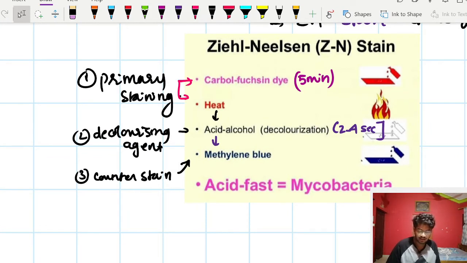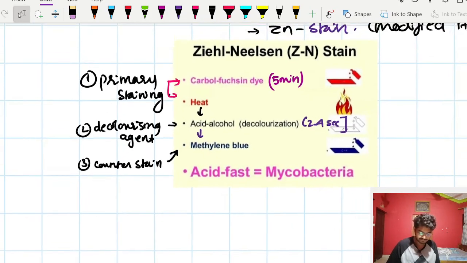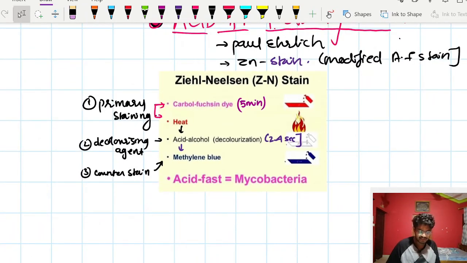So methylene blue will color the background, and the acid fast organisms, that is mycobacteria, spores, sperm heads, etc., will be colored pink, and the background will be methylene blue. So this is the procedure in ZN staining.